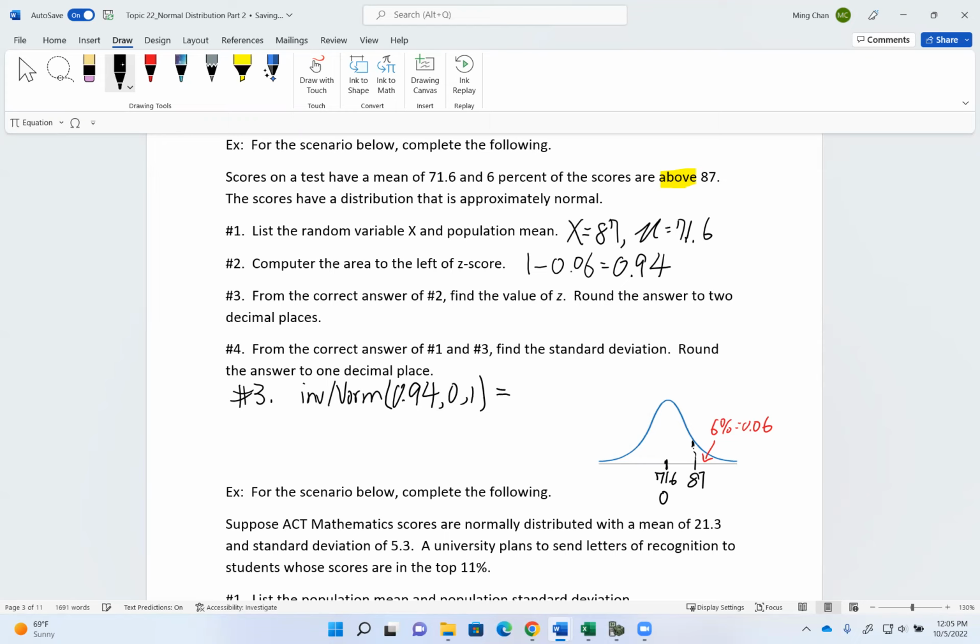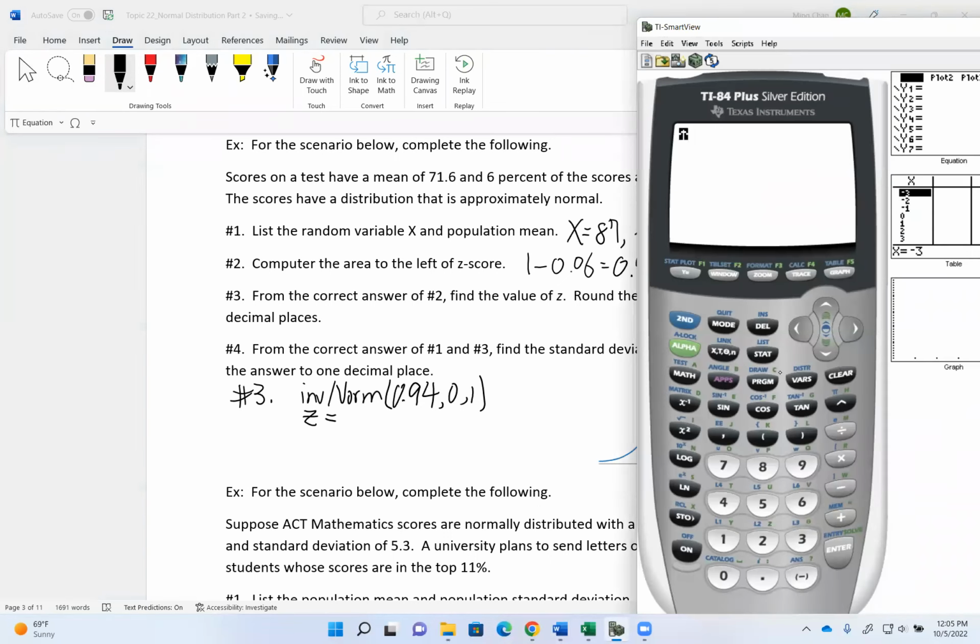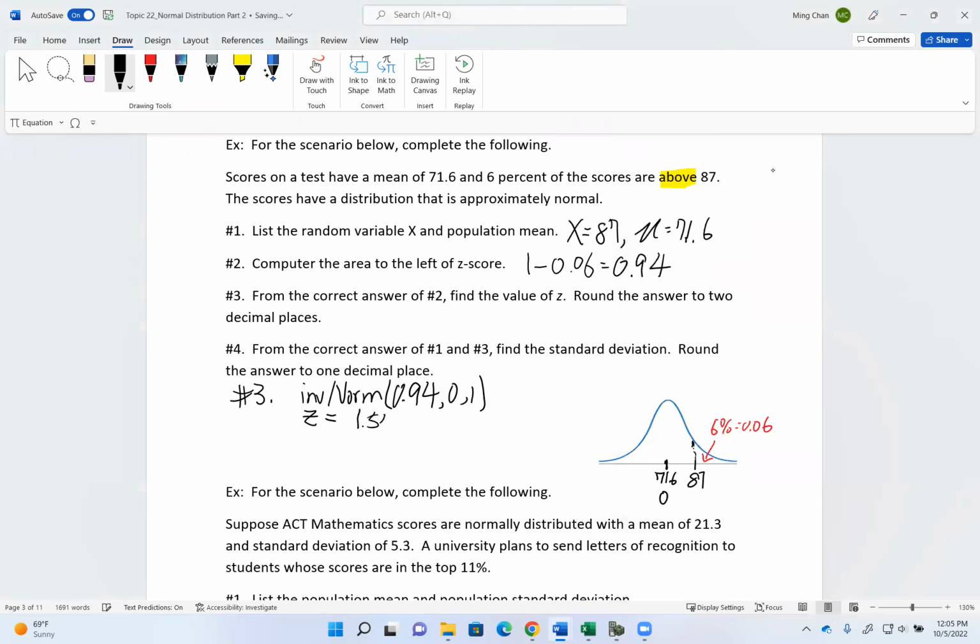So my z-score, let me put right here, .94, comma 0, comma 1. The z-score is 1.55. So this is 1.55. Okay, that's a z-score.